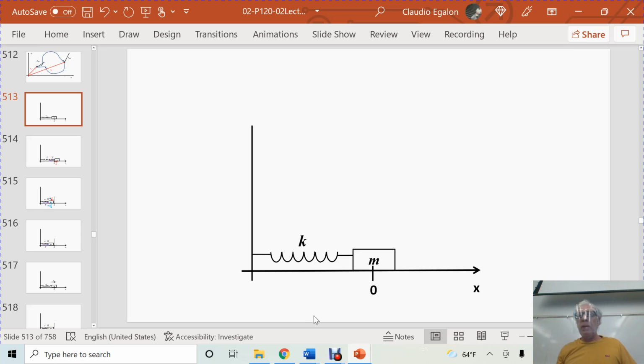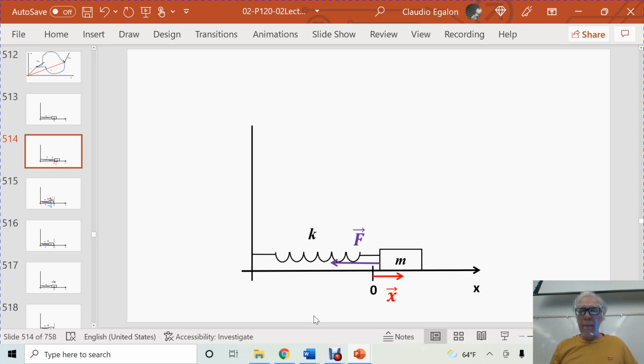My hand is pulling the spring to the right, and I can even put this vector force of my hand right in here, pointing to the right. Those two forces are different because one is from the spring, the other is from my hand. My hand is going to do positive work because it's in the same direction as the displacement vector.